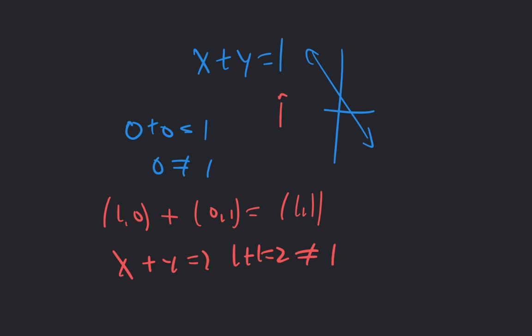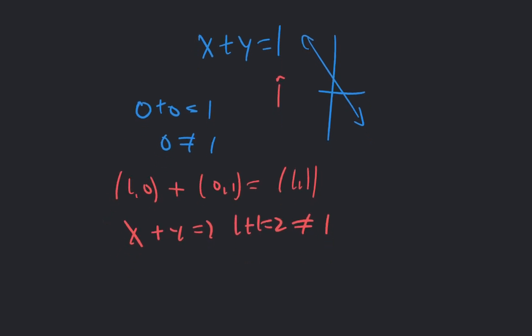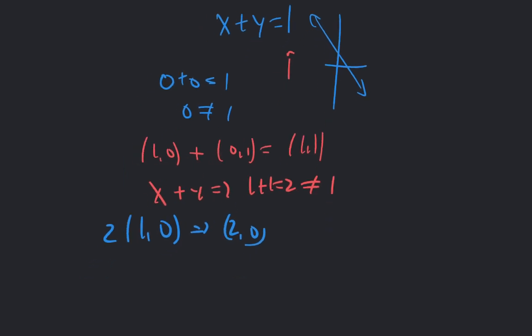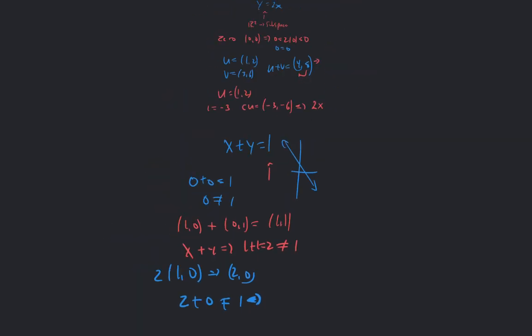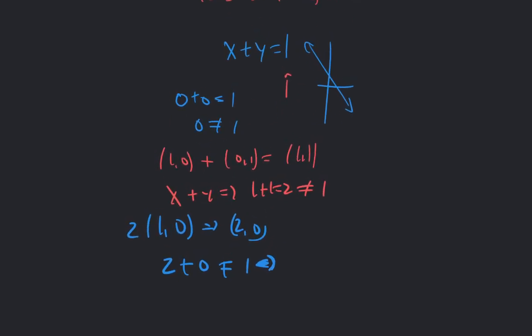And if we have scalar multiplication, let's say we have the point 1, 0, and we scale that by 2, we get 2, 0. 2 plus 0 does not equal 1, so it is not closed under scalar multiplication. That's pretty much how you approach this concept of vector spaces.